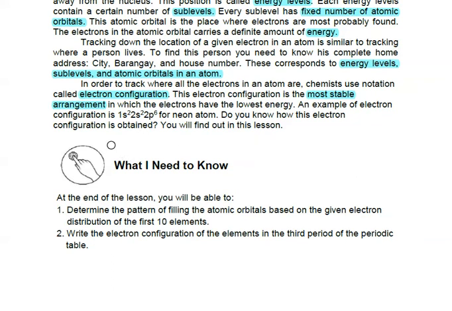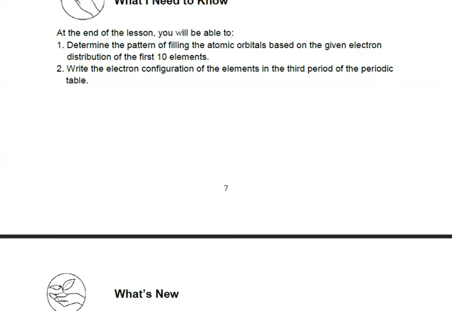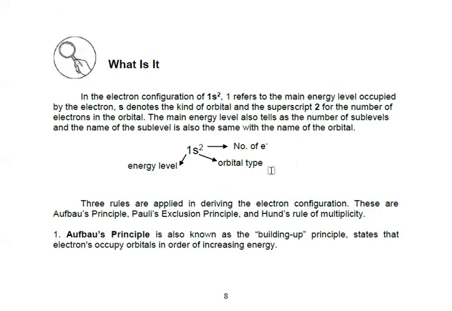So, for example, this one is an electron configuration. Often, you just read it as 1s2, 2s2, 2p6. And this is for the neon atom. So, let's continue. In the electron configuration of 1s2, 1 refers to the main energy level occupied by the electron.